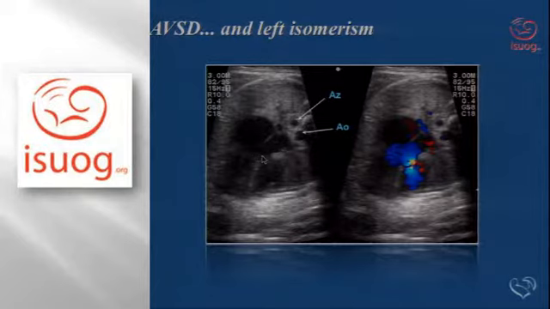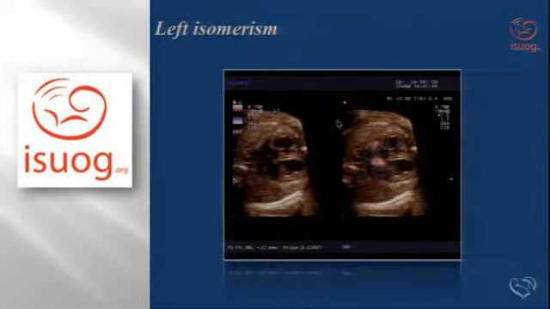The stomach was in normal position, the karyotype was normal, and later it was observed that there was, behind the aorta, which wasn't appreciated early on, an azygos vein, and these had typical features of left isomerism with an atrioventricular septal defect. In this case, you would expect the karyotype to be normal. So small details sometimes provide a lot of information.